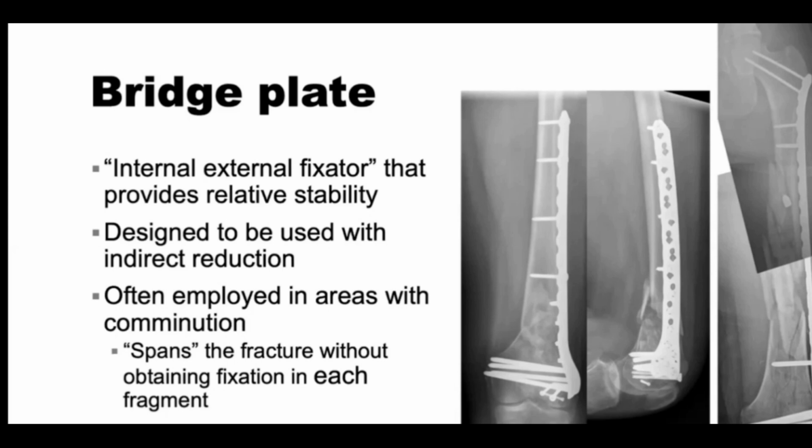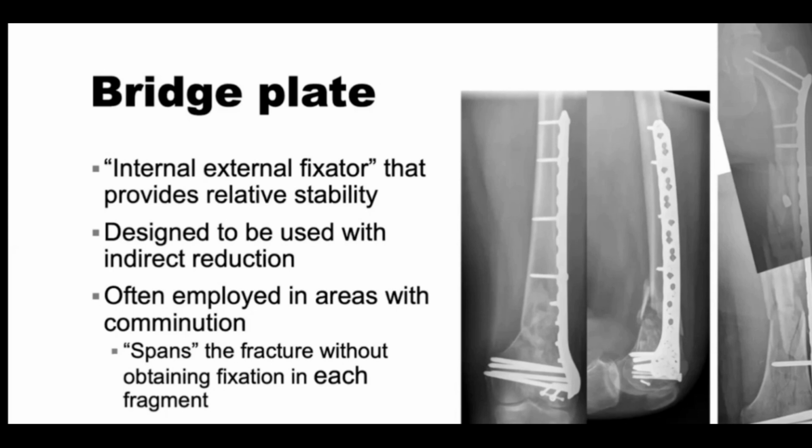So you're not necessarily visualizing the fracture site. You're not choosing to get fixation in every single piece. You're searching for an acceptable, not an exact or anatomic, alignment. So it's providing relative stability to the fracture site. And it's often employed in areas of comminution, where the plate is designed or placed in a way that spans the fracture site without obtaining fixation in each fragment.